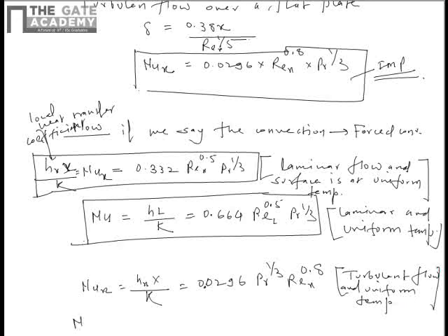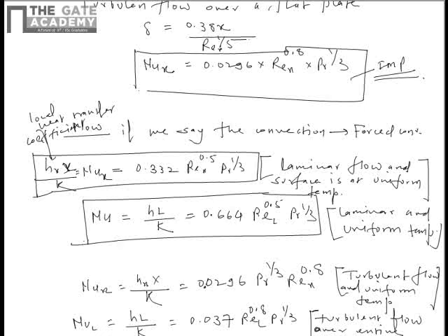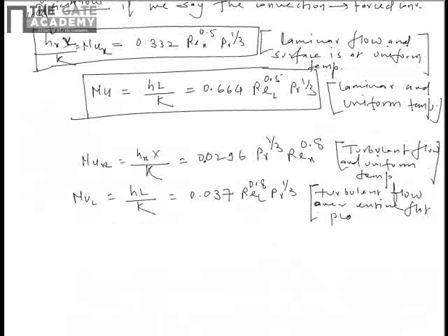And the average Nusselt number Nu L is HL upon K, equal to 0.037 Reynolds number over the whole plate to the power 0.8 into Prandtl to the power 1 by 3, when turbulent flow over the entire flat plate and uniform surface temperature.